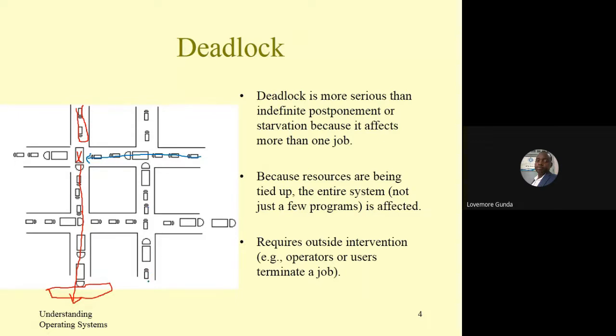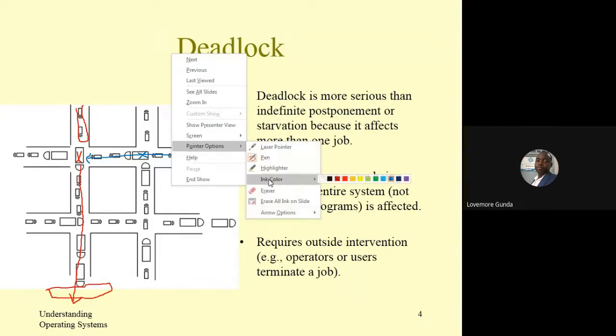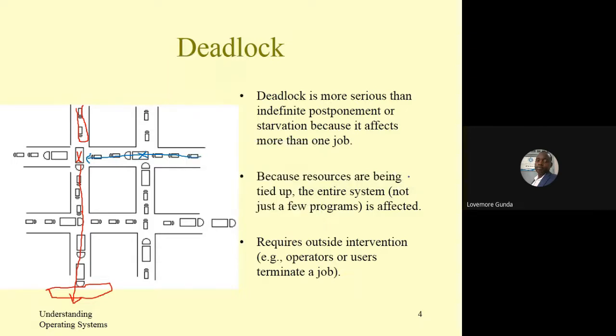So what does it mean? It means this track will also block the way. So what does that result in? The traffic in this direction will come and stop here. Right?